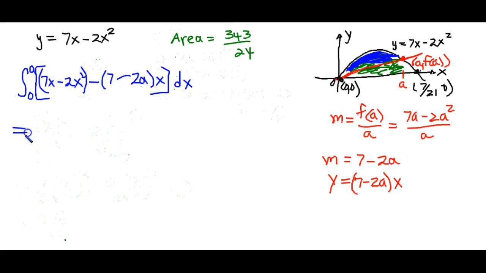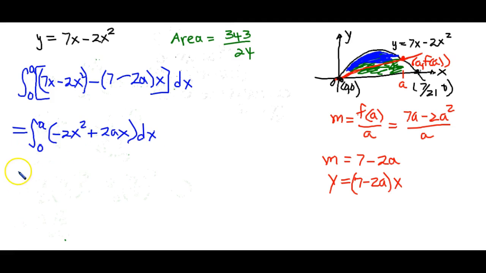When you multiply all of this out, or distribute and simplify what's in brackets, going from 0 to a, you're going to be left with negative 2x squared plus 2ax dx.